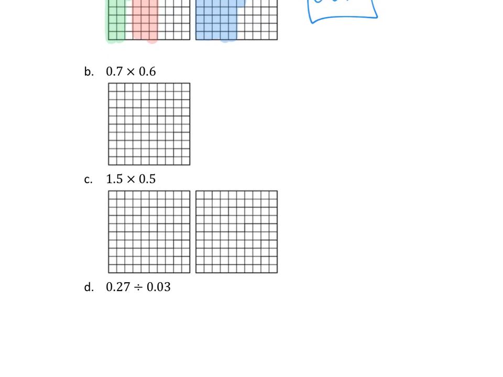For the multiplication, we have 7/10. So let's mark that. Let's just go back to our highlighter. So 7/10 by 6/100. So we want 6/100 of that. 6/10, 7/10 and 6/10.